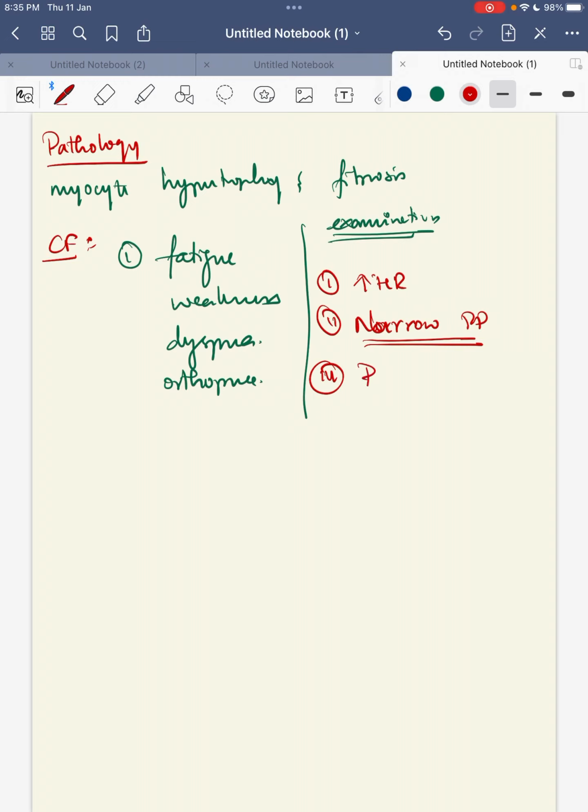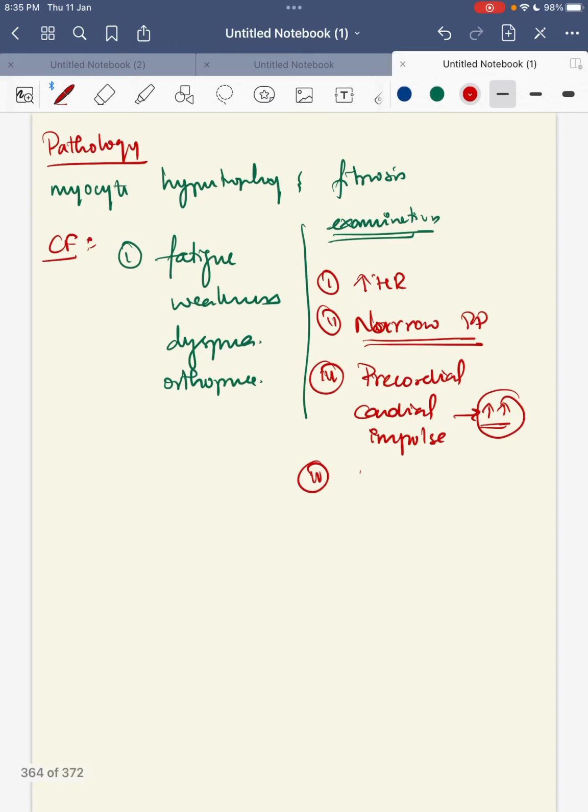Next, the precordial cardiac impulse will be increased, and the apical impulse will be shifted out and down.